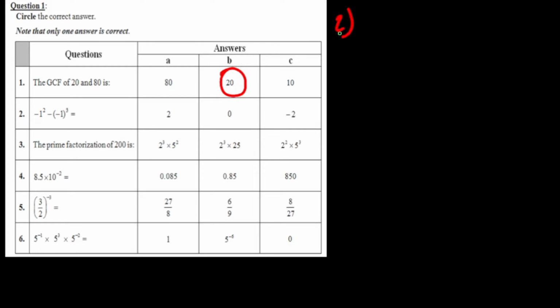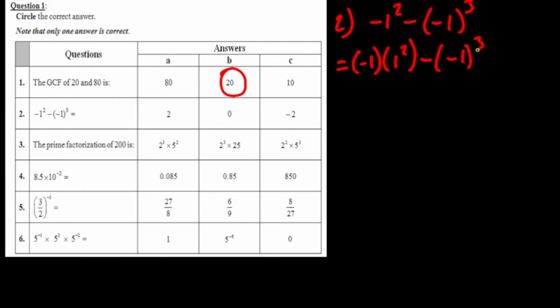For part 2, we have minus 1 squared minus 1 to the power of 3. To solve this, it's crucial to notice that the minus 1 is not in brackets, so the squared does not apply to the negative sign. You need to imagine that there's a negative 1 multiplied by 1 squared, minus 1 to the power of 3.